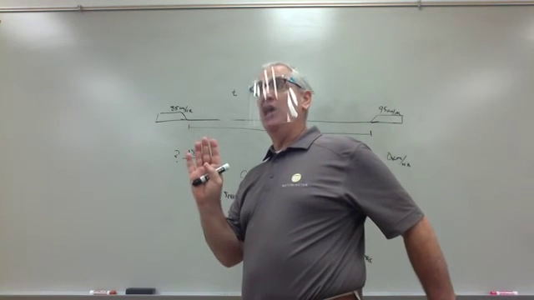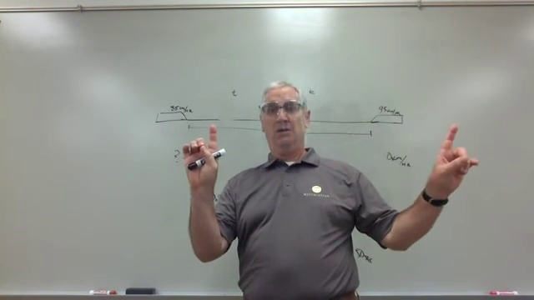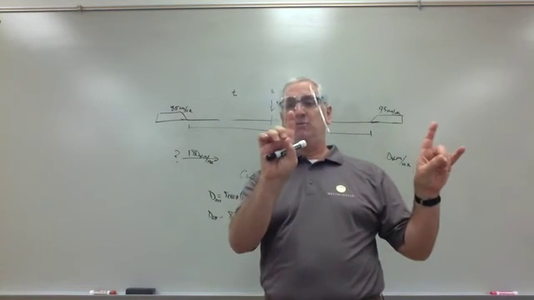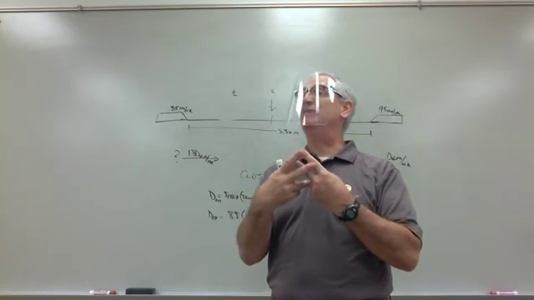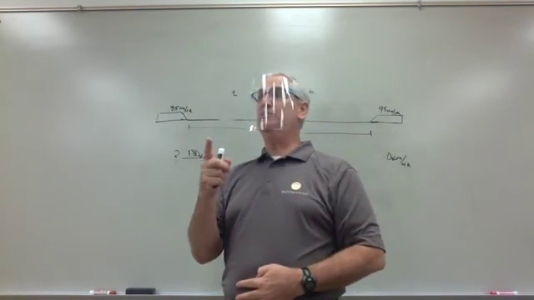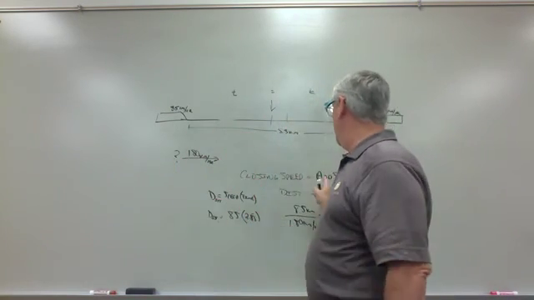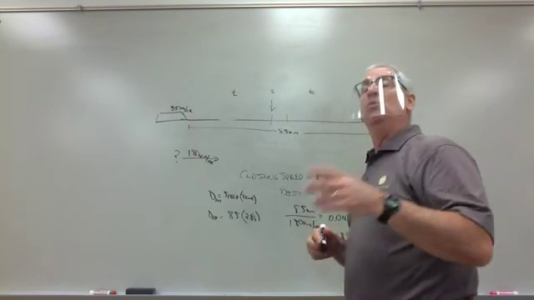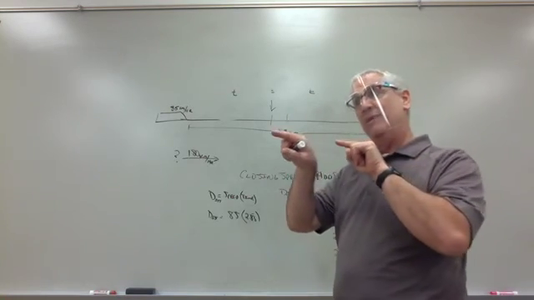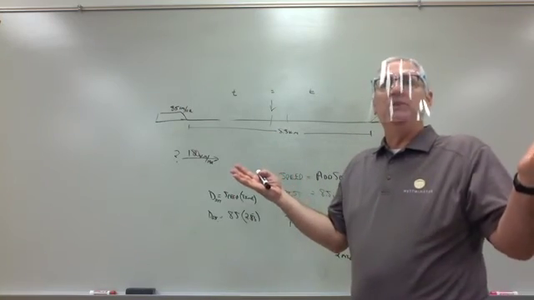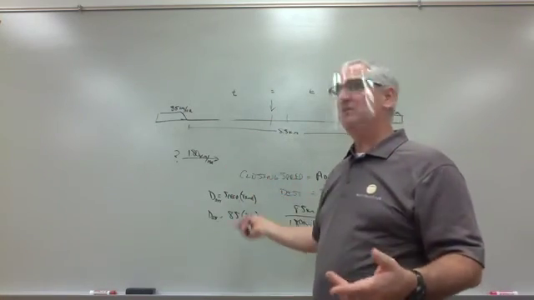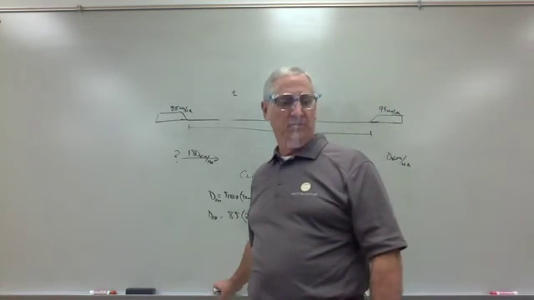If I run slower than him, as I'm moving here, he can start closing the gap, based on the difference. So closing speed, when you're coming toward each other, we add. When we're going the same direction, we subtract. And then now you know what speed we're doing, and speed, distance, and time fall right into place. Okay?